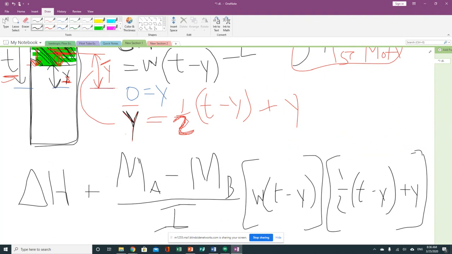I can do that. Note that this is for a rectangular box beam or a rectangular cross section.